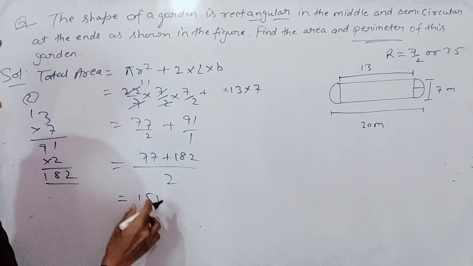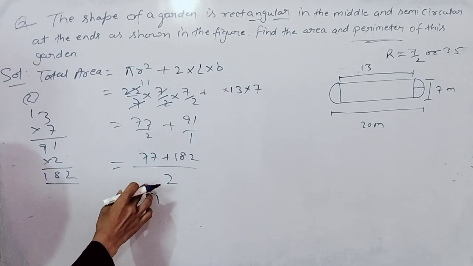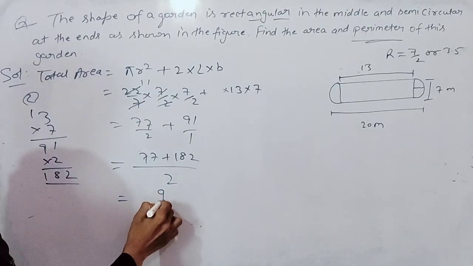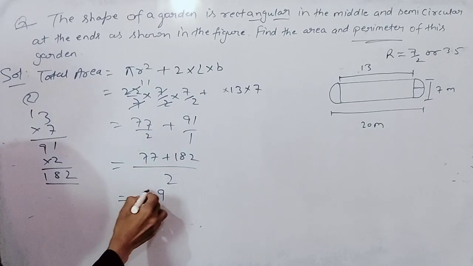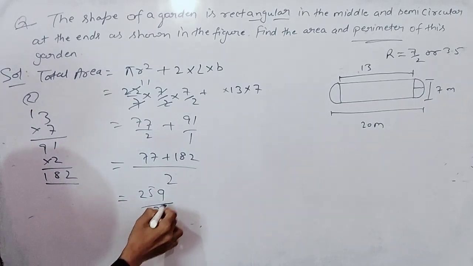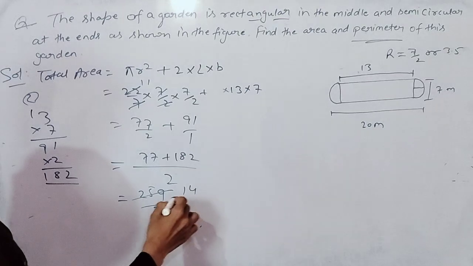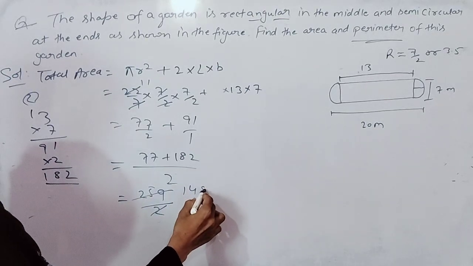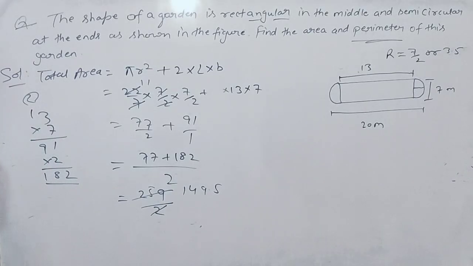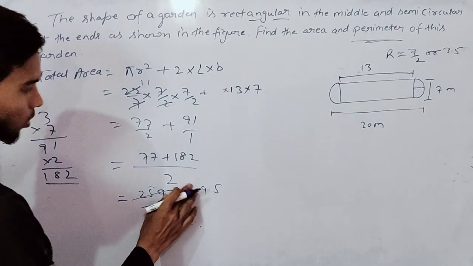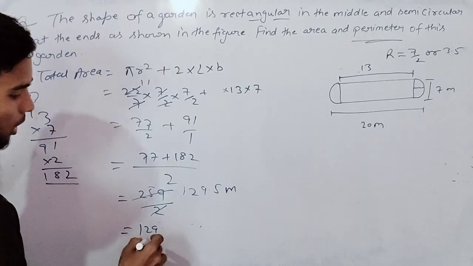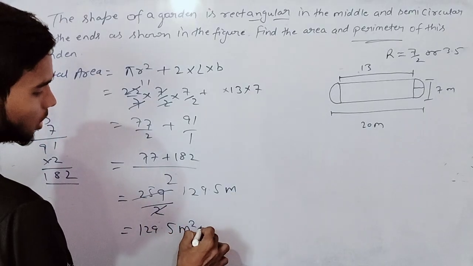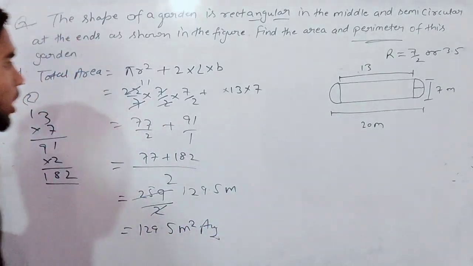Okay, 15. No, it is a 9 and 15 and 2. 2 ones are 2, 2 twos are 4, and 2 nines are 18.5. Hold on, 2 twos are 4. So 129.5 meter square is the area of this wall garden.